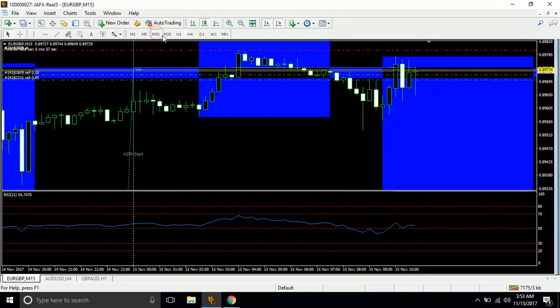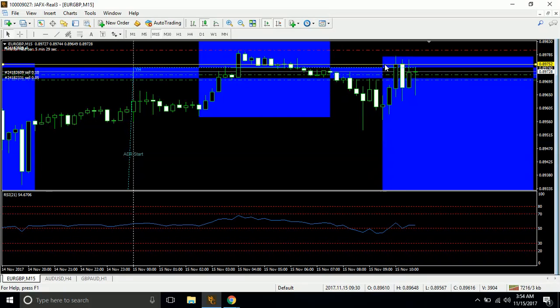Now, if we get this pin here, with this being yesterday's high, this blue dotted line, we get a bearish pin right here. We're going straight down. If we get a bullish close above this candle, we're more than likely going to continue to push.